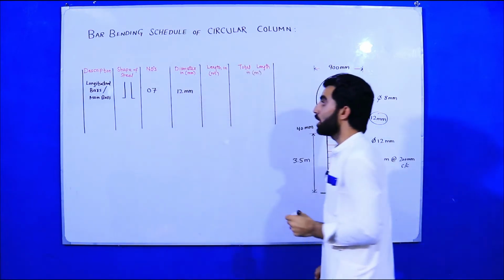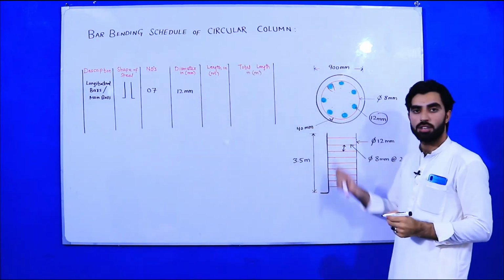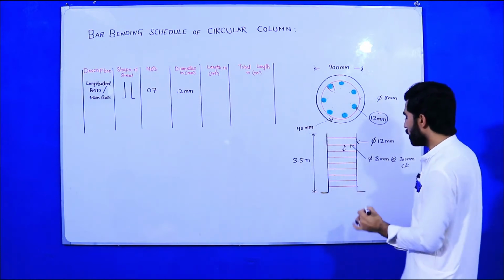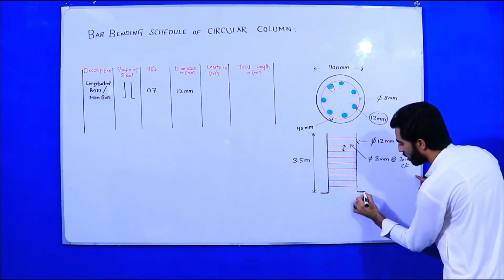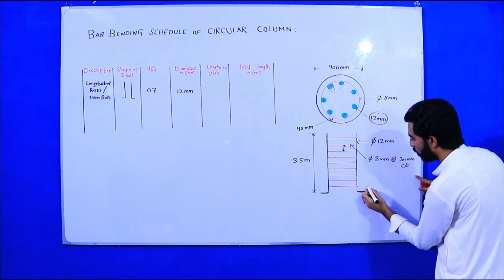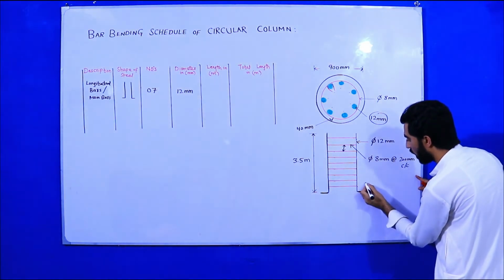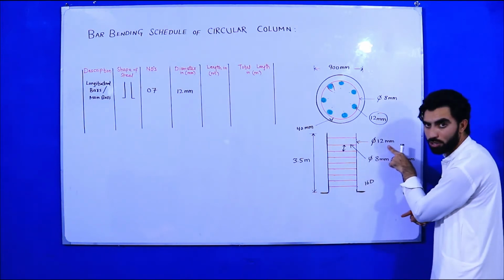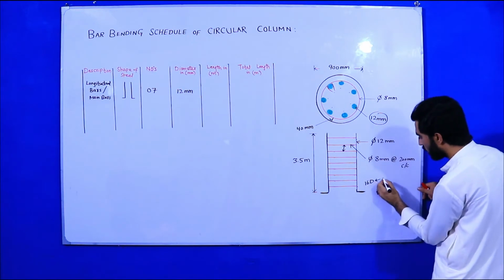Now what is the length in meter, the cutting length of each steel bar, each longitudinal bar? So guys, you can see here, to get this length, we will find it with the formula of 16D, where D is the diameter of the steel bar, which is 12 millimeter.